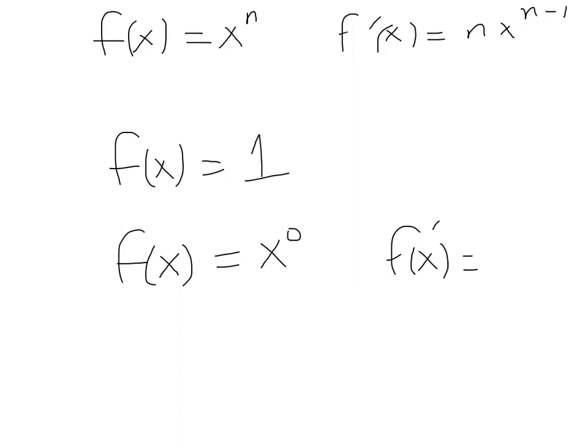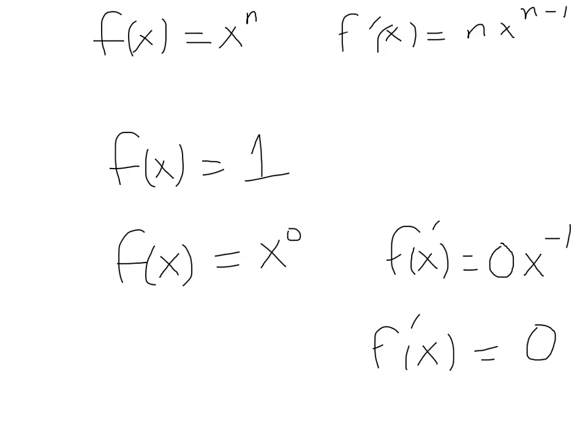But now, you just write the 0 out in front, 0 times x to the 0 minus 1 power. If f of x equals 1, f prime of x is going to be, well, 0 times any number is 0. So if f of x equals 1, f prime of x is 0.